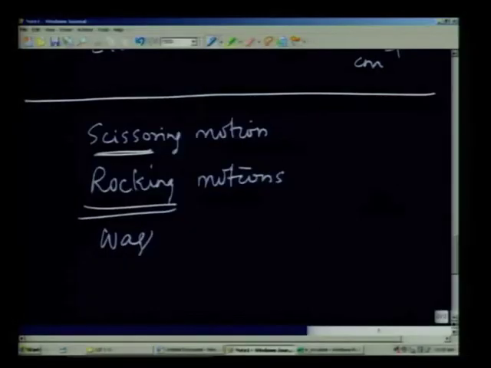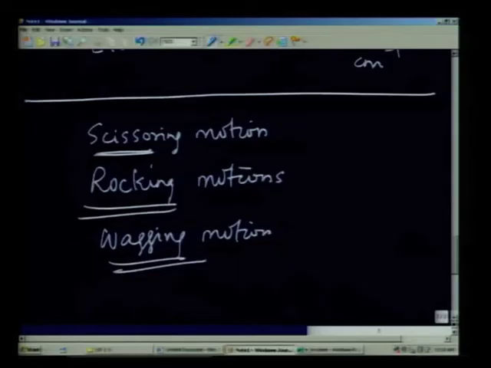Then there is wagging motion for group frequencies. Okay. A dog's tail wags with respect to the rest of the body. So there is a small group of atoms which oscillate with respect to the other.